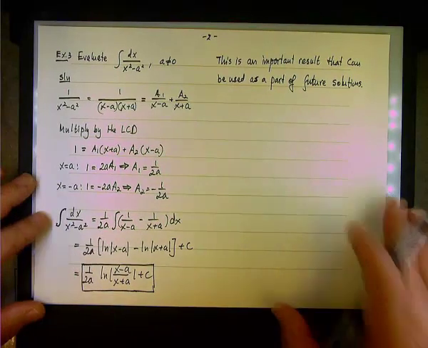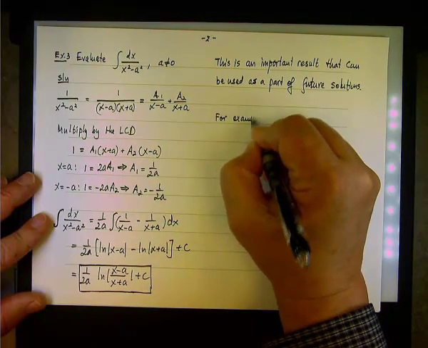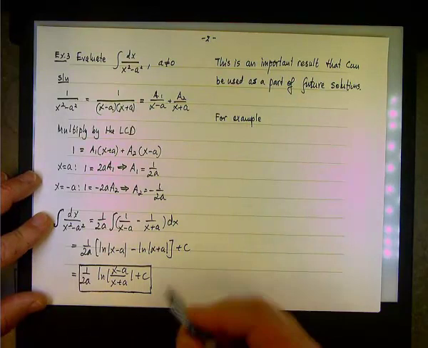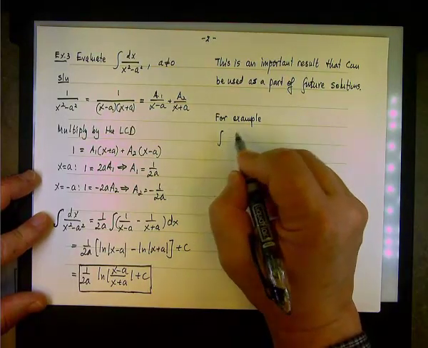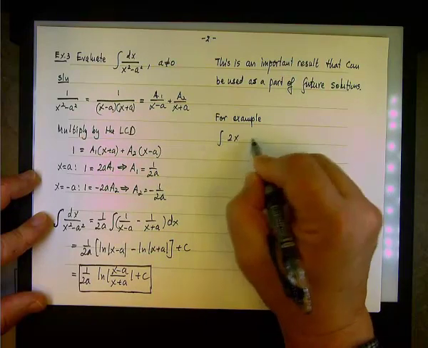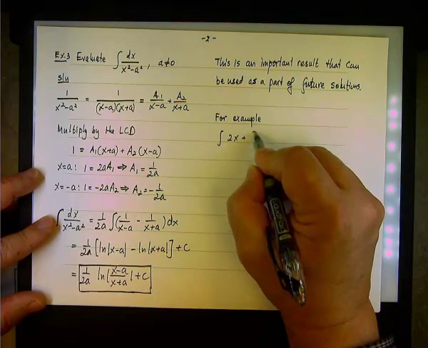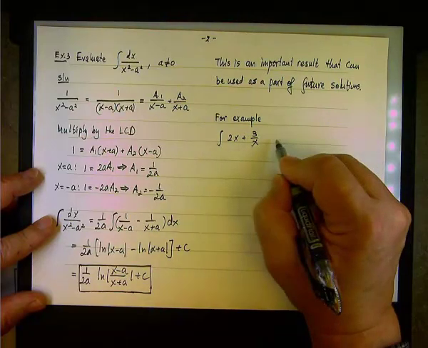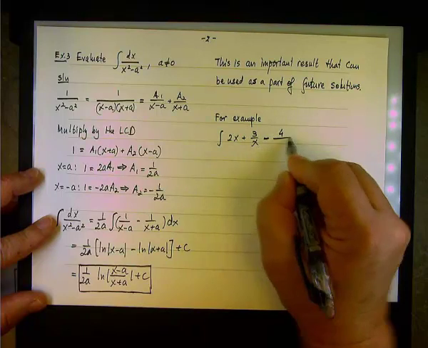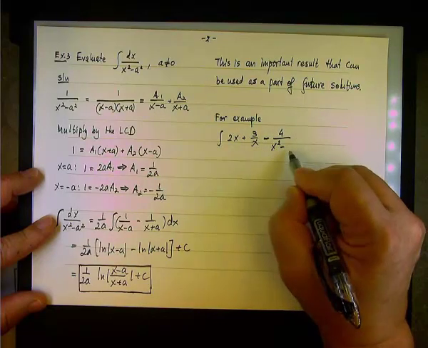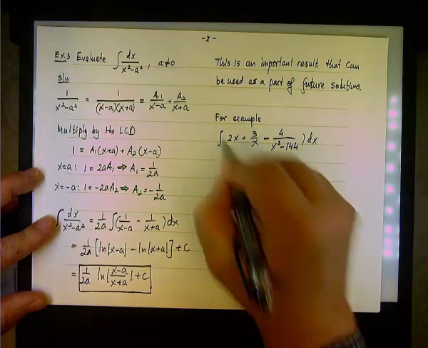Same here. For example, if we need to solve something like this, the integral of 2x plus, let's say, 3 over x minus 4 over x squared minus 144 dx.